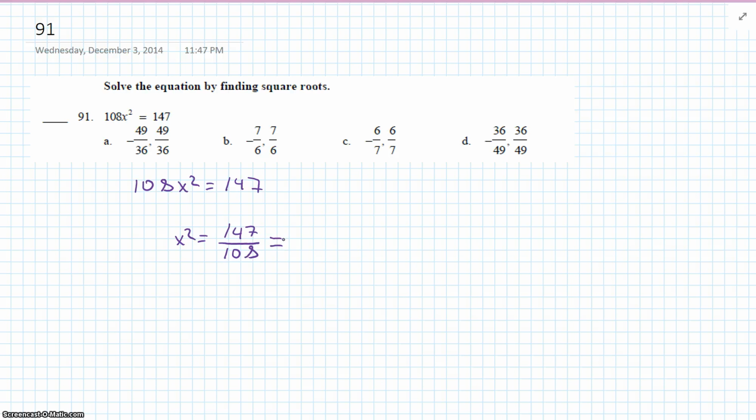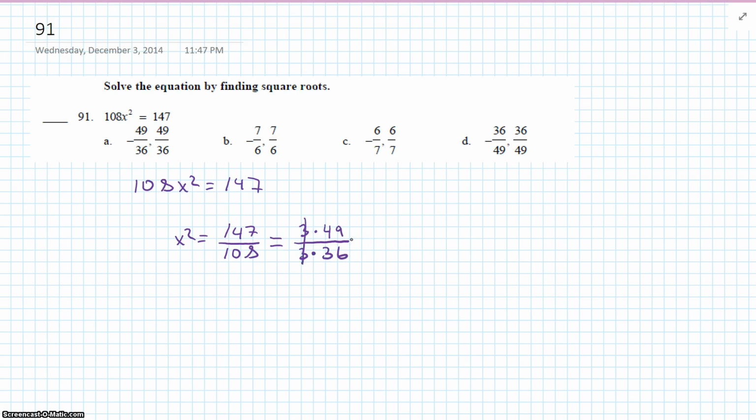Well, can we factor out an odd number maybe? Let's factor out a 3 out of the top and bottom. So 147, if we factored out a 3, we could rewrite this as 3 times 49. In the bottom, if we factor out 3, we could say this is 3 times 36.